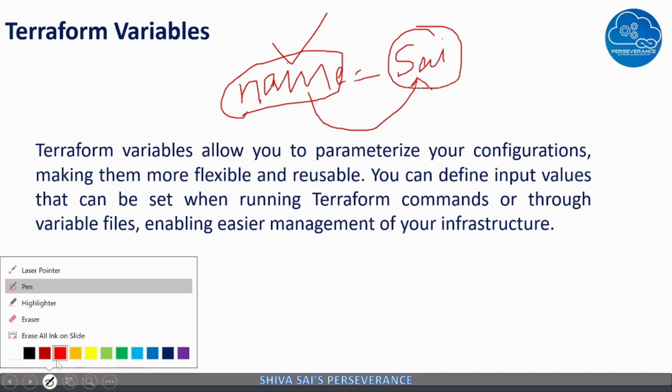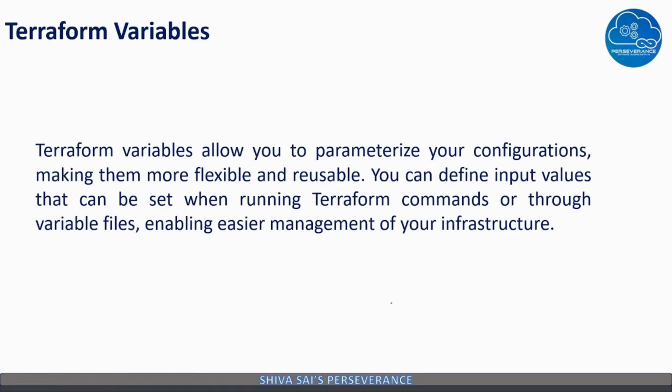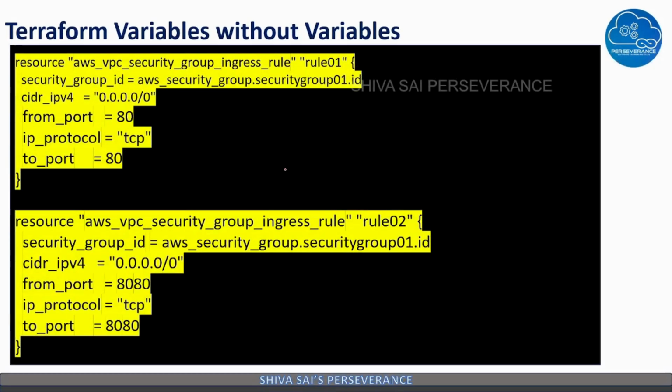Okay. So here in Terraform, this is method 1 of implementing variables in Terraform. This helps us to enable flexibility and reusability. All right, so let's check now. If I want to deploy security rules, just consider, for example, I have a security group within which I want to add two ingress rules, one allowing incoming 80 and another incoming 8080.